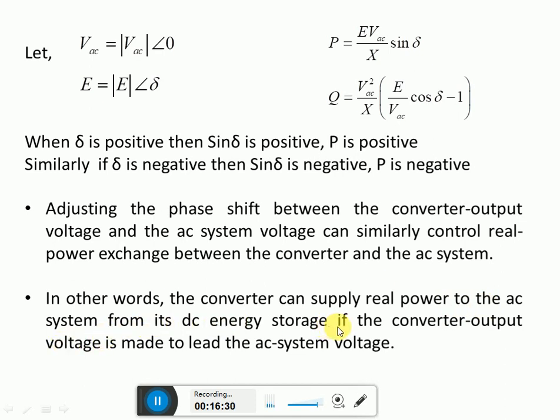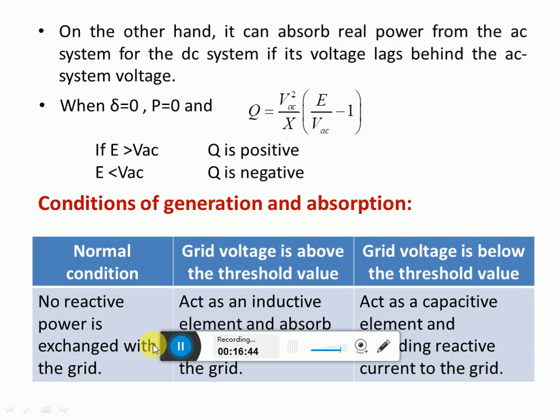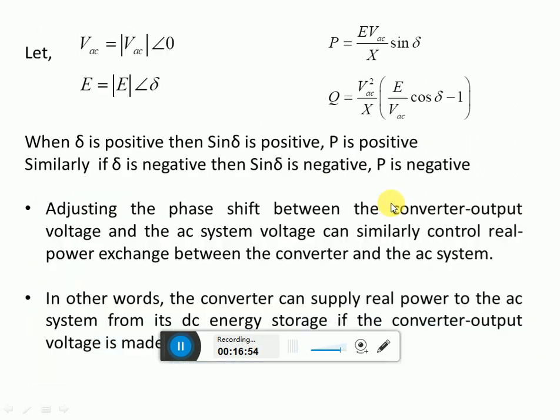In other words, the converter can supply real power to the AC system from its DC storage energy if the output voltage of the converter is made to lead the AC system. As I said, it can also absorb real power when P is negative, meaning delta is negative.